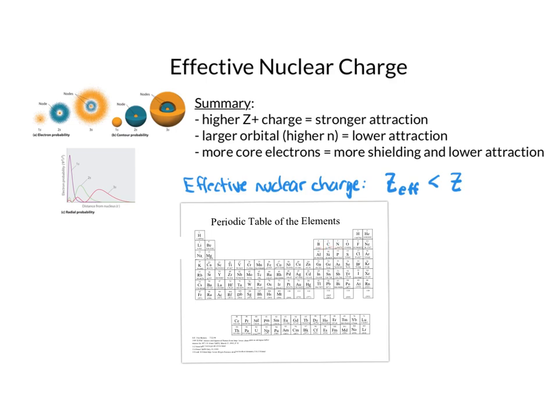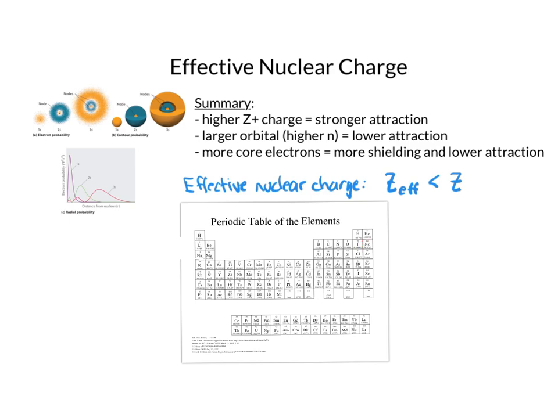However, each one has the same number of core electrons, and their valence electrons are in the same n shell. So the relative size of the orbitals containing the valence electrons is about the same, and they have the same number of core electrons. So these two factors are approximately the same going across the row, and what matters is that we have a larger nuclear charge as we go across the row.